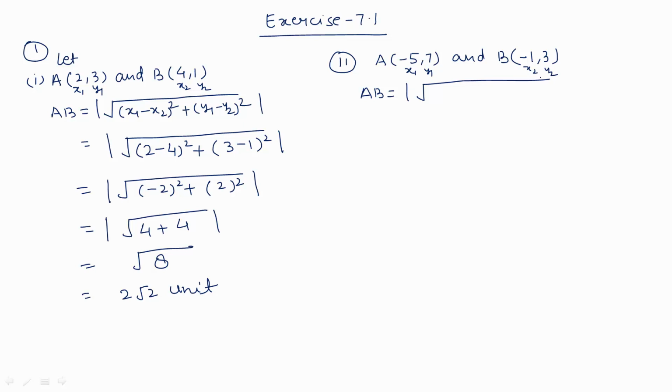Now use the formula directly: (x1 minus x2) whole square, minus 5 and minus, this is the sign of minus in the formula, and this is the minus in the point, so minus and minus will be plus 1, whole square, plus (y1 minus y2) whole square, 7 minus 3 whole square.